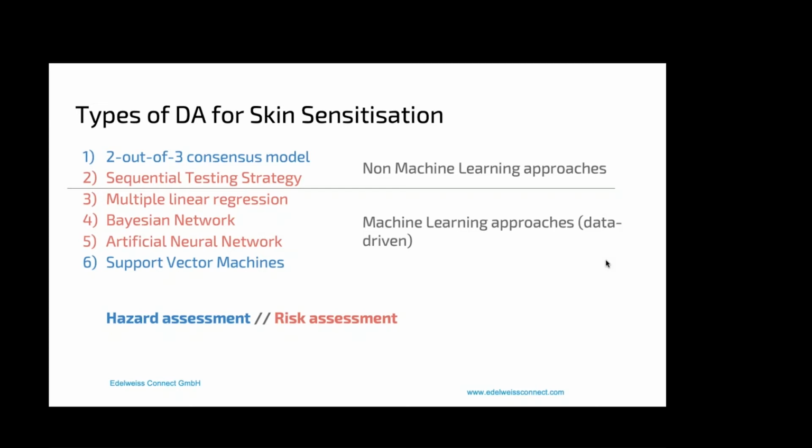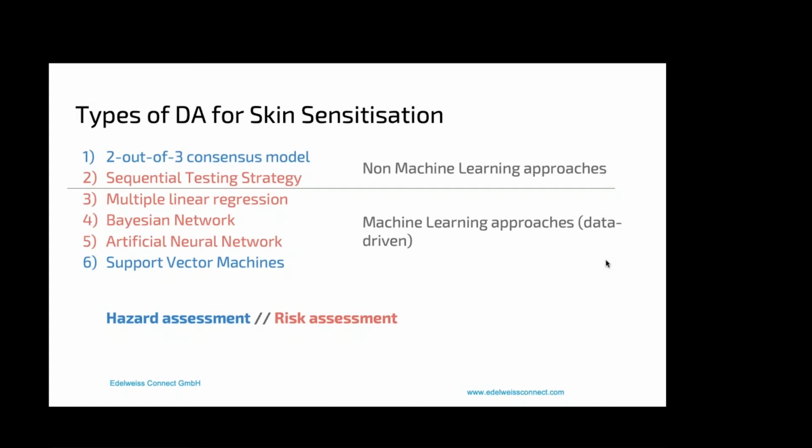But the last 4 are actually machine learning, so they are based on the training data set and on the model that is built on this data set. Also, these approaches can be distinguished by whether they are used for hazard or risk assessment. If they are used for hazard, they can only predict whether a compound is a sensitizer or non-sensitizer, but if they can predict risk, they can actually predict the potency of a compound.